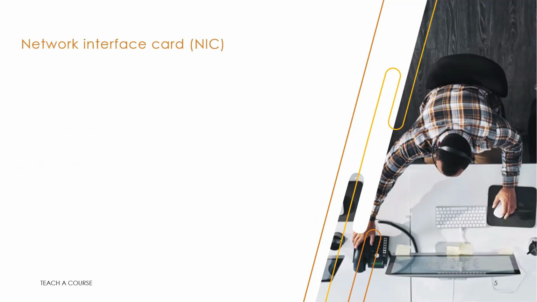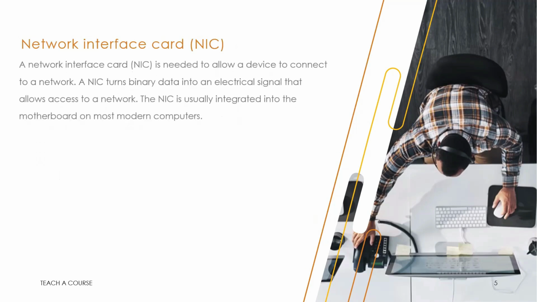So what is a network interface card? Basically, a network interface card is a hardware device inside any device that is able to connect to the internet or to connect to a network. So without your network interface card, your device cannot connect to a network.